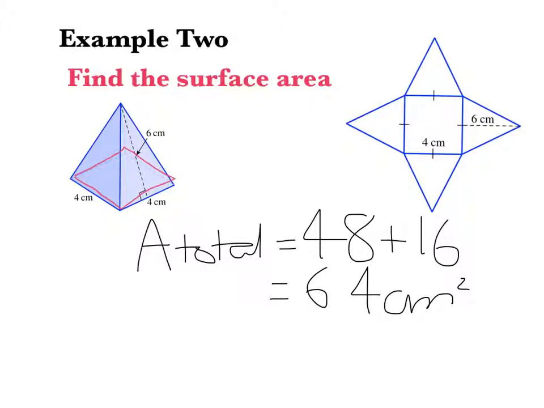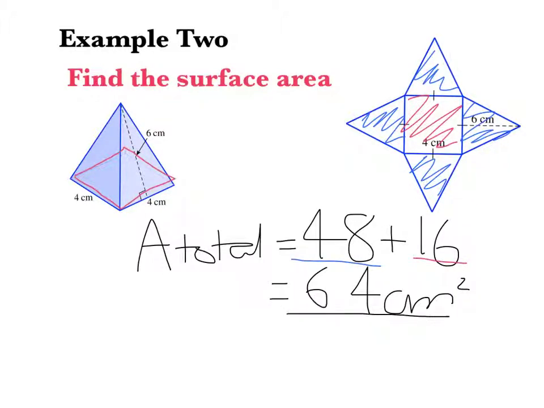So what I've done is I've worked out the square on the bottom first. Then I've worked out the area of one of these triangles and multiplied it by however many triangles I have. Then I've taken the square measurement and the triangle measurement and added them together to get 64 centimeters squared.